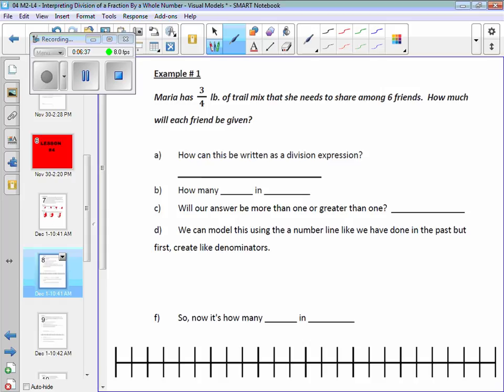So when you write it as a division statement, is it 6 divided by 3/4 or 3/4 divided by 6? Because every year this is problematic on that test. You got to put it into your head first before you can put it onto paper. Let's vote. How many say it's 3/4 divided by 6? How many say 6 divided by 3/4?